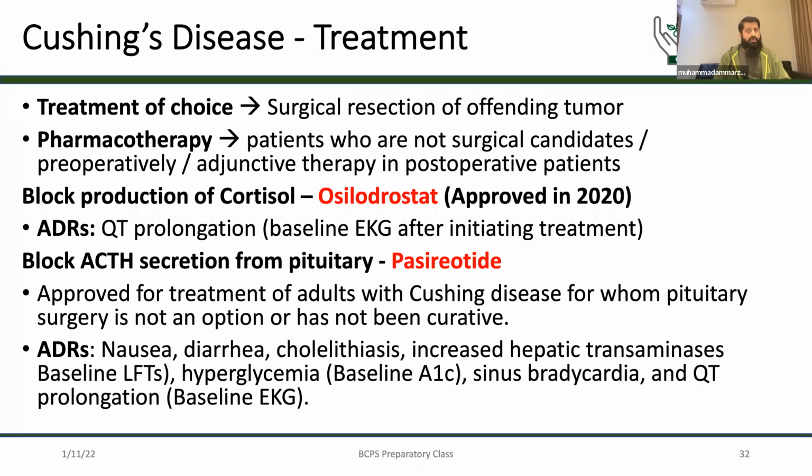These are important because you have to take baseline LFTs, baseline HbA1c levels, and baseline EKG before starting the pasilotyde, because it can increase hepatic transaminase levels. It can cause hyperglycemia, and it can cause QT interval prolongation. So it's important to consider baseline values.